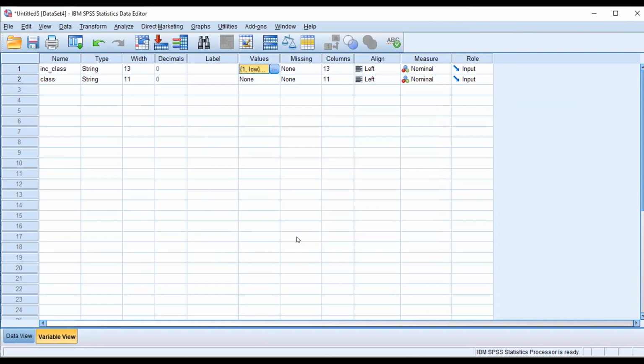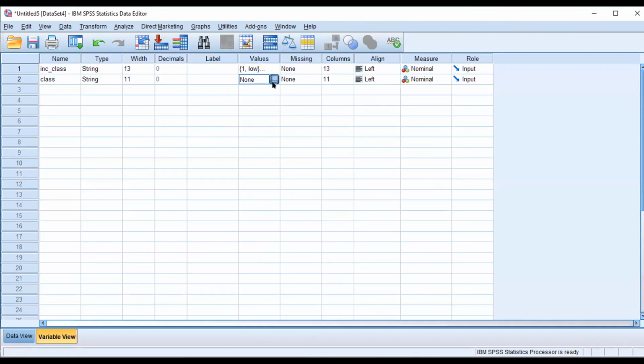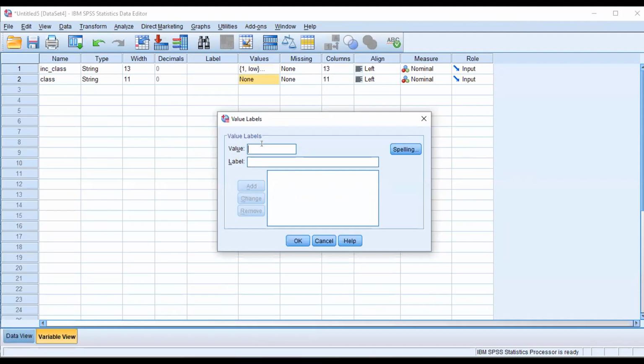When you import data from Excel, you will get data in this form, but in SPSS you have to code it. In class performance, 1 is for poor performance, 2 is for average performance, 3 is for good performance, 4 is for very good performance, and 5 is for excellent performance.